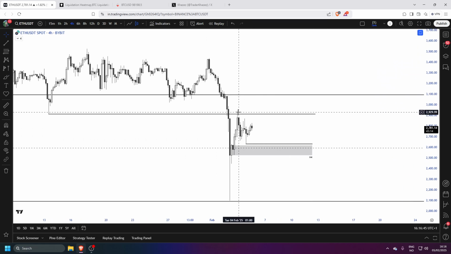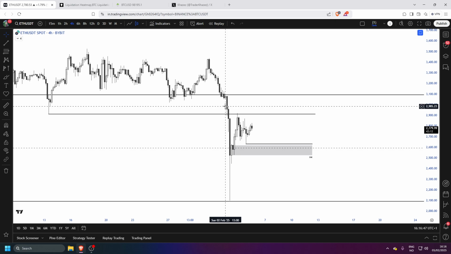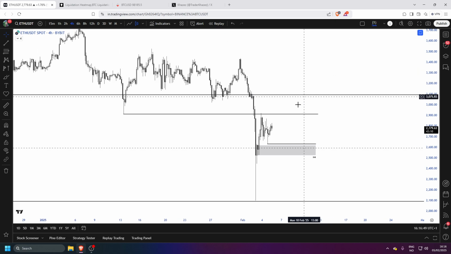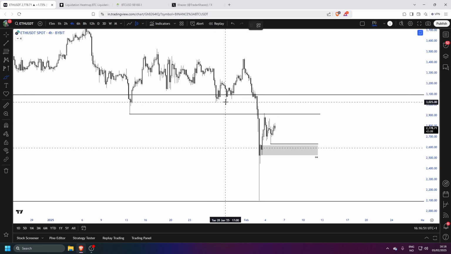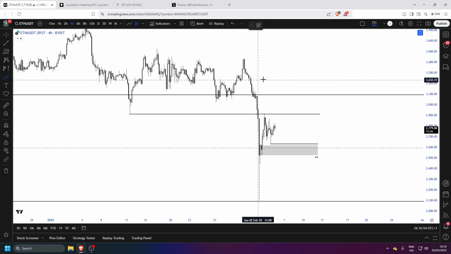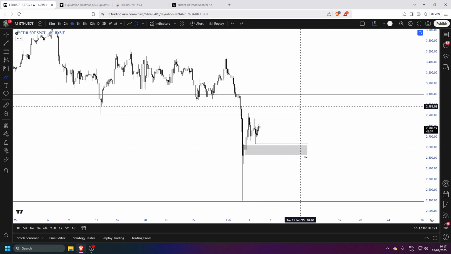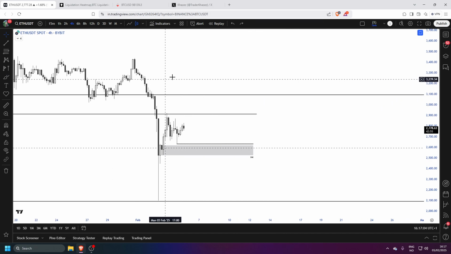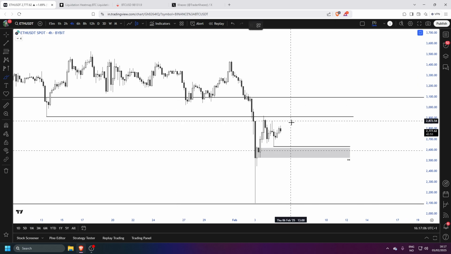But yeah, I want to see price trade back up to the 3K level. I think it will be the most significant resistance. I know there's a lot of liquidity above here. That's an immense drawn liquidity as well from this big short nuke that we had. But yeah, trade this in confluence with the BTC that I just showed.